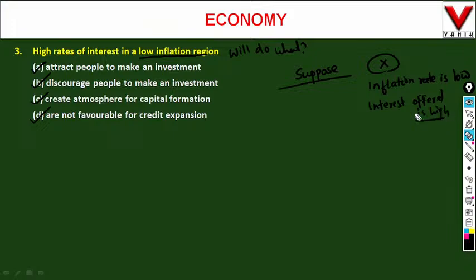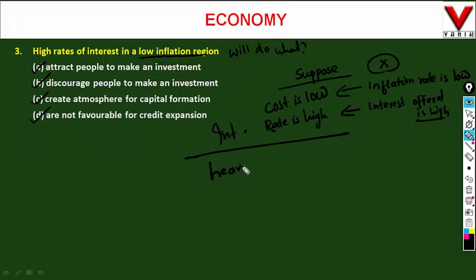If the interest offered is high and the cost is low, simply stating, if the cost is low and the interest rate offered is high, it is a heaven for investment. It is a heaven investment country.